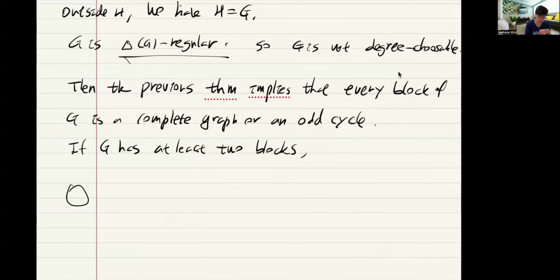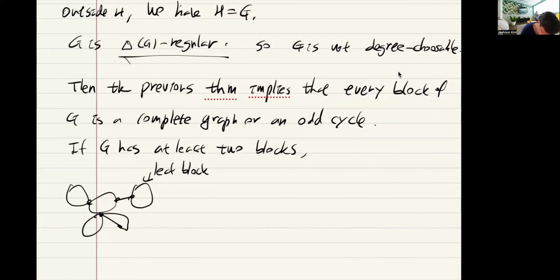If you have blocks, you have this block-cut-point graph, which is a forest. In other words, you can draw the blocks in a tree-like manner. And in this block-cut-point graph, there must be a block which corresponds to a leaf, and that's called a leaf block.